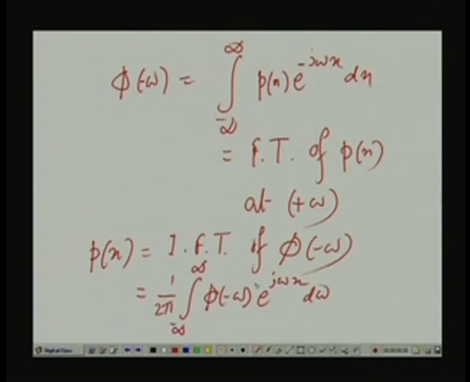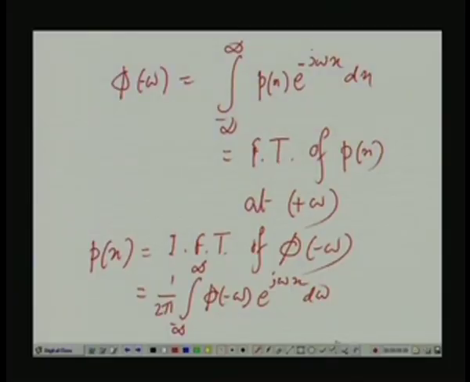Now, you replace omega by minus omega. So, d omega becomes minus d omega, okay. A minus sign comes. Here you have a minus sign, e to the power minus j omega x, this becomes phi omega, outside you have a minus, but the limits become plus infinity to minus infinity. So, if you want to again make it from minus infinity to infinity, a minus will again come. So, the two minuses cancel each other. So, what you get back is the following.